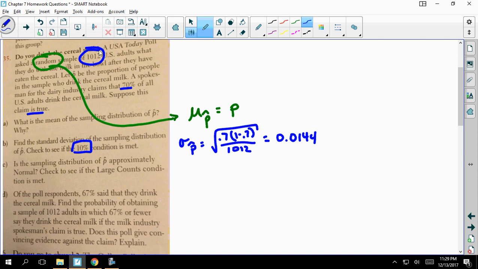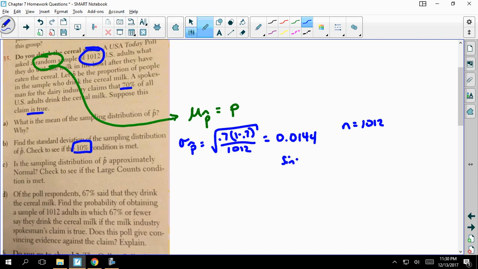Well, in this case, my sample size was 1,012. The question is, is that more than 10% of the population? Well, in this problem, we're asking about U.S. adults.